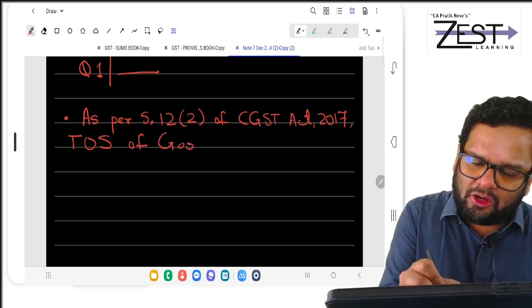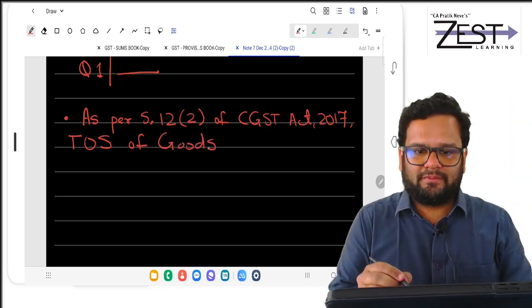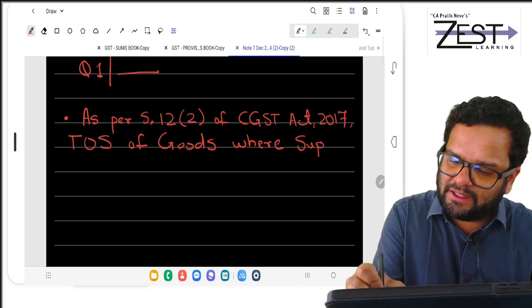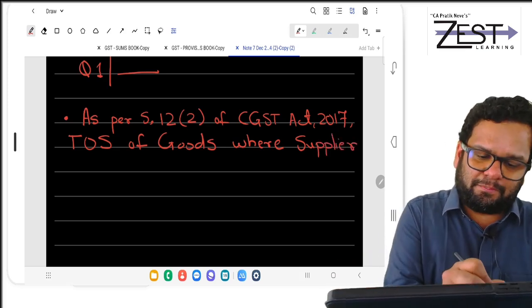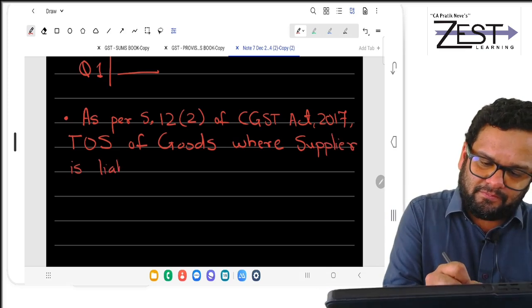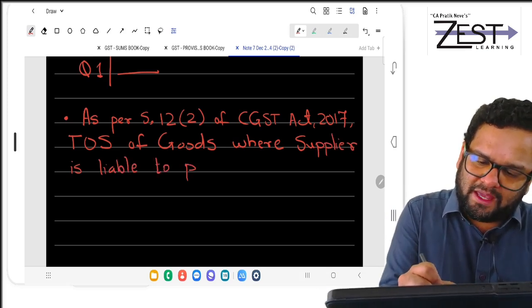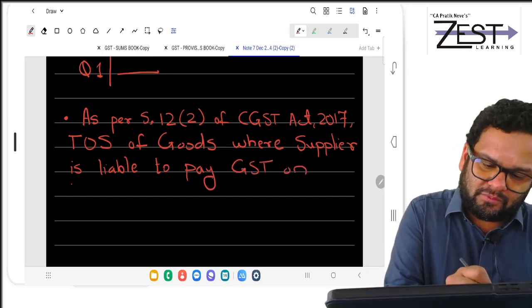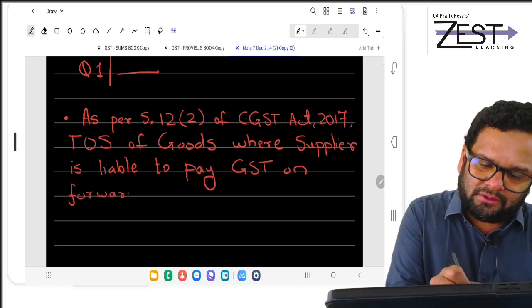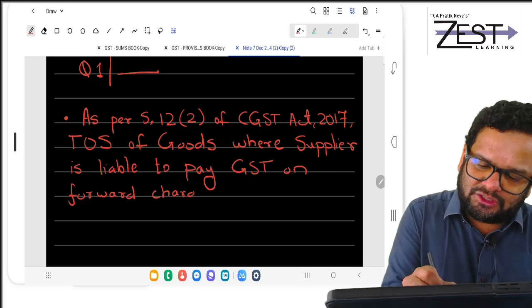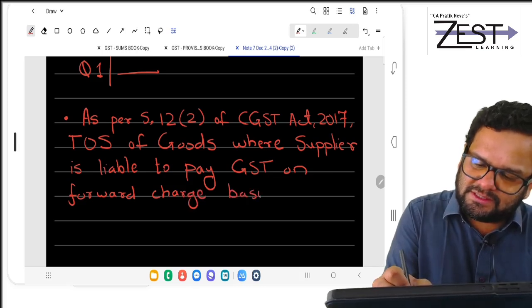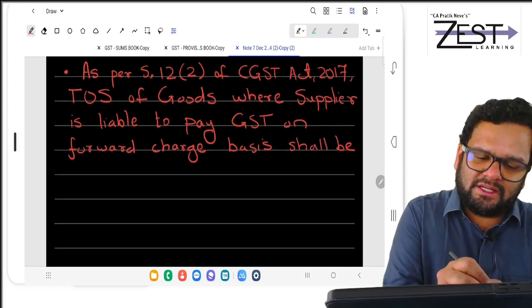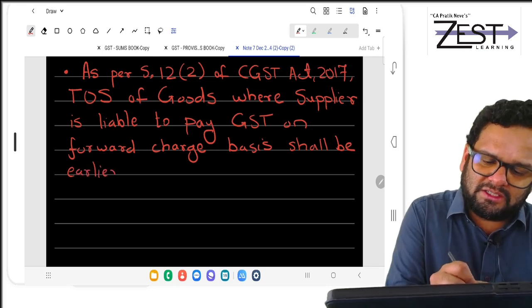Time of supply of goods where supplier is liable to pay GST on forward charge basis shall be the earlier of, tell me, earlier of what?